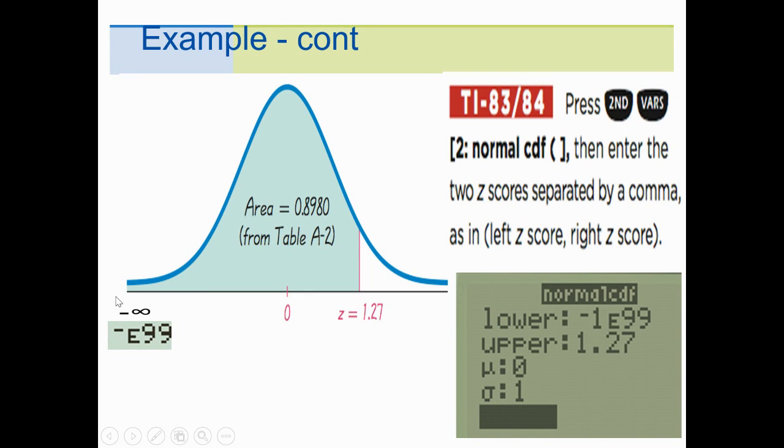Now I'm going all the way to the left as far as I can go. That's negative infinity, but for calculator purposes, that's negative E99. You put the negative sign, then the second function comma, and it actually puts the 1 in there for you. The upper limit is 1.27, mean of 0, standard deviation of 1.